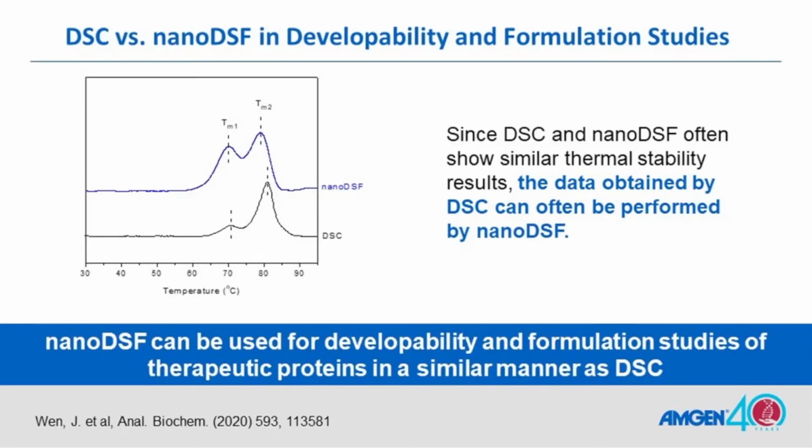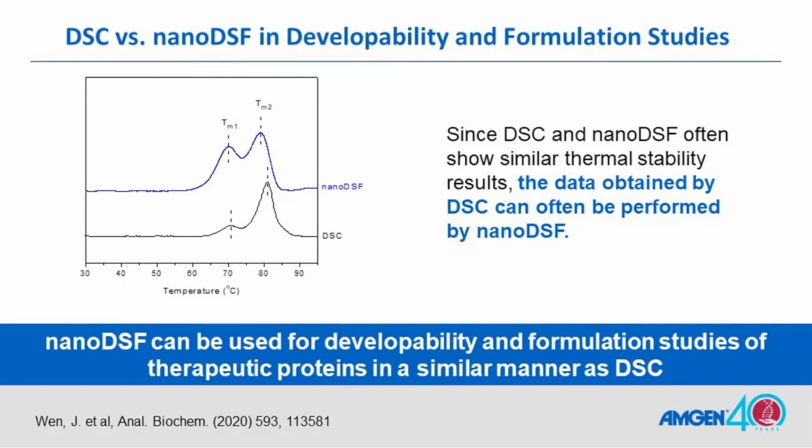Before I show you the application, I would like to mention, since DSC and nanoDSF often show similar thermostability results, the data obtained by DSC can often be obtained by nanoDSF.